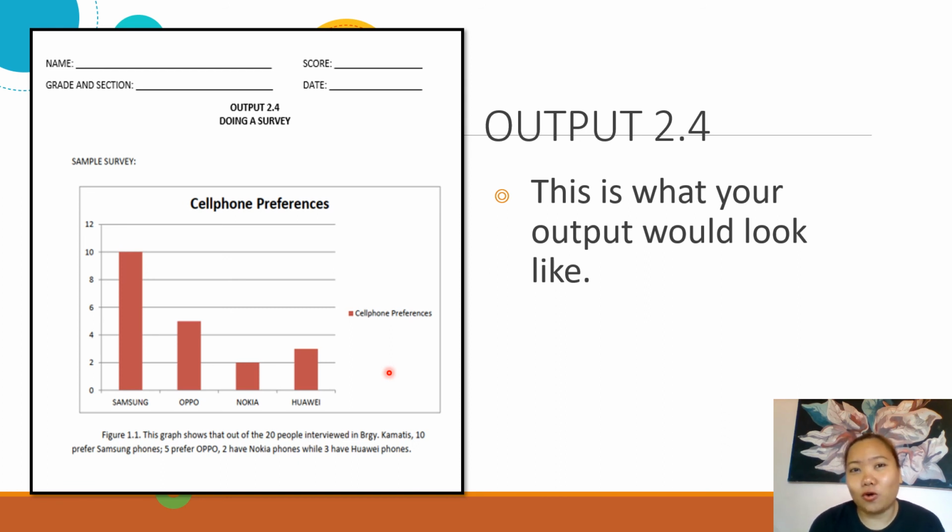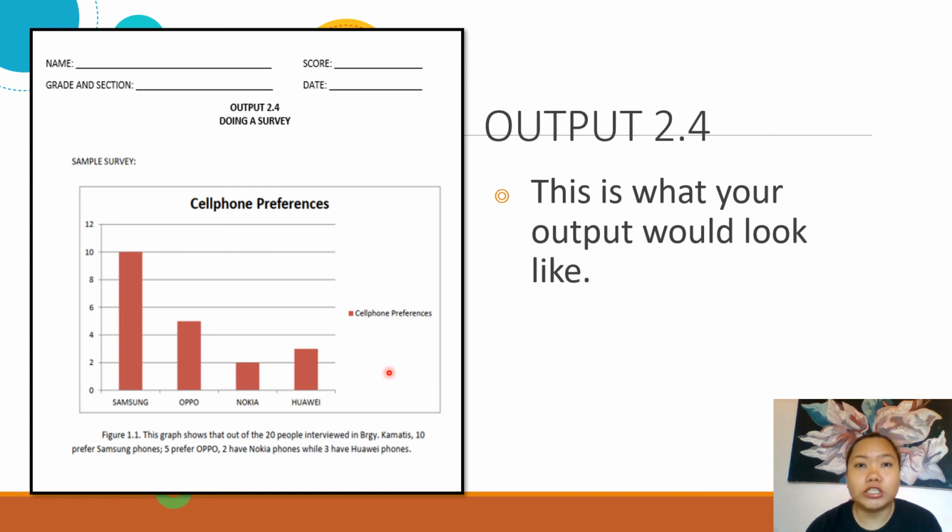I hope you will have fun in the survey. Please be careful. Wear your mask and follow health protocols, even when you go around the neighborhood. And of course, ask your parents' permission to do a survey. If your parents will not allow you to go outside the house, that's okay. You can ask the members of your family or people in your close vicinity. You don't have to go far.